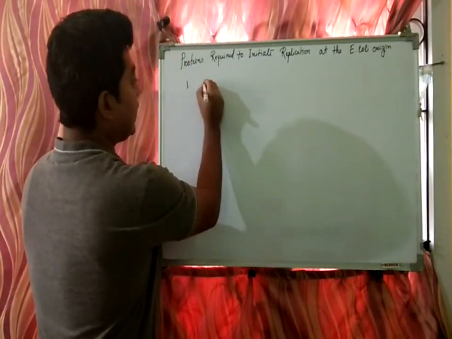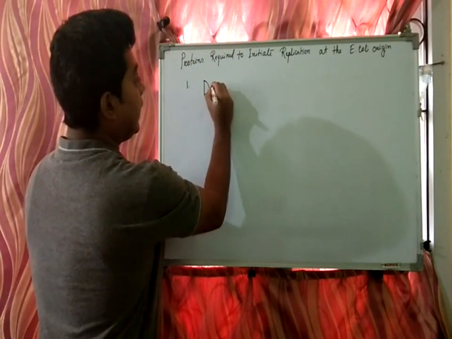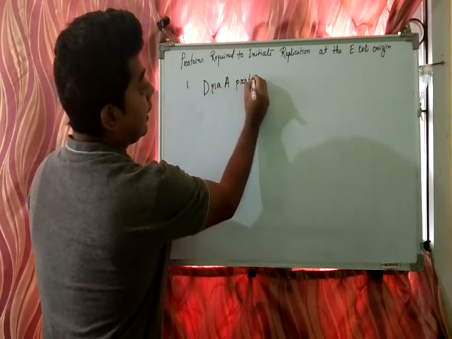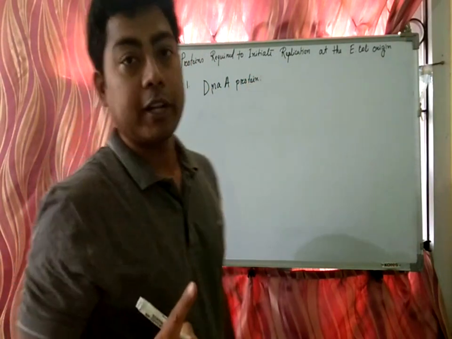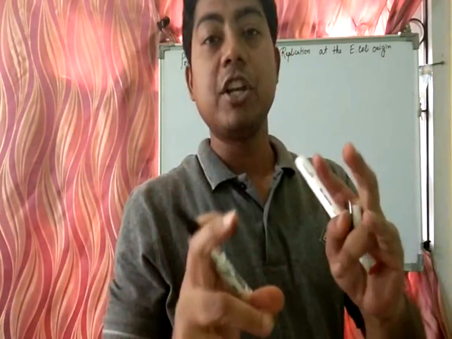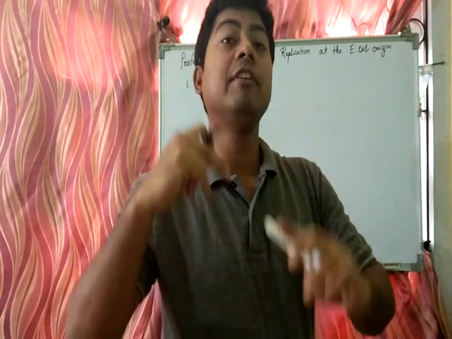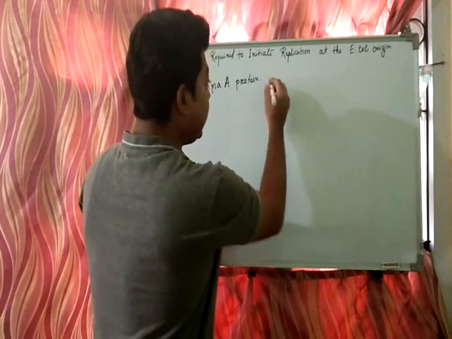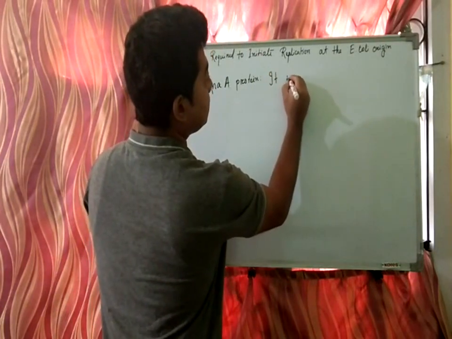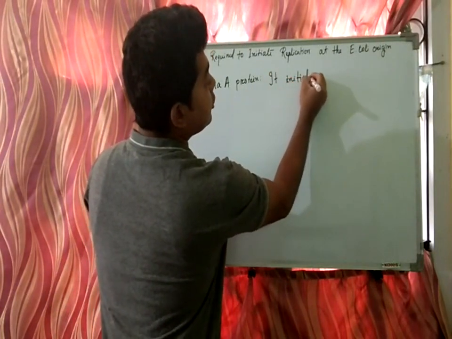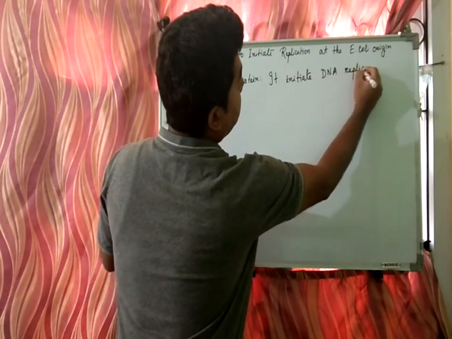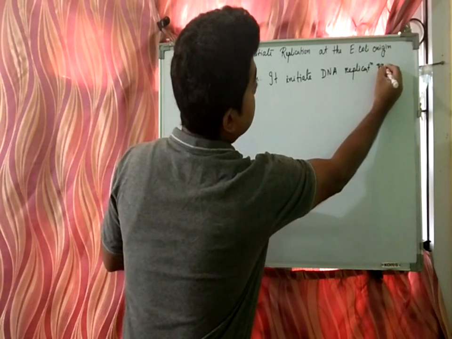One of the important proteins is DNA A protein. DNA A protein will bind with a specific region of the origin point. That means it initiates the DNA replication process.